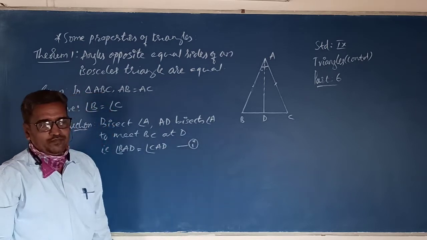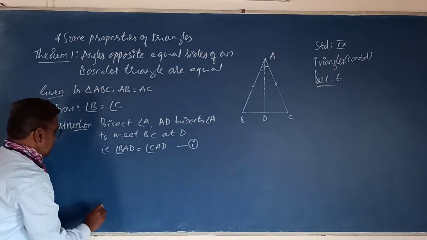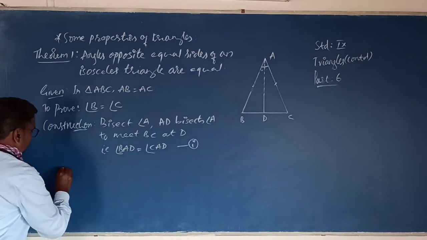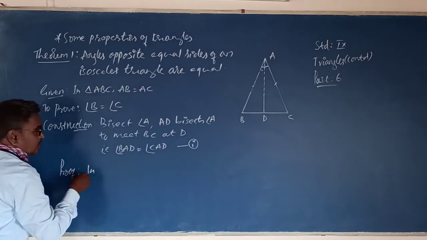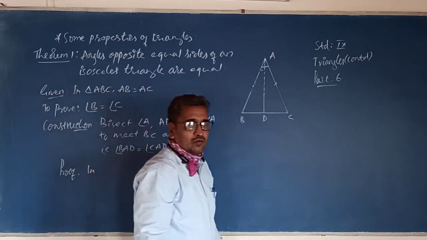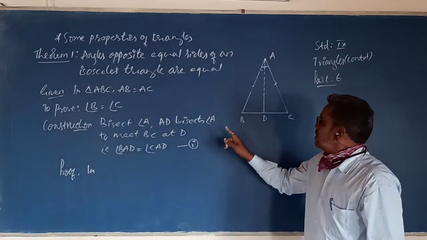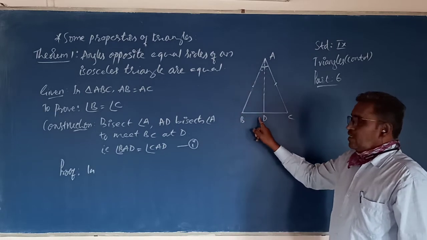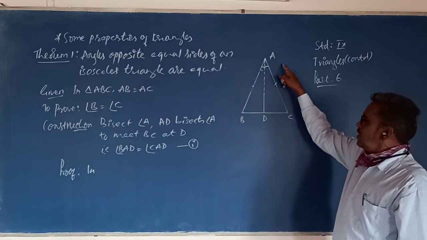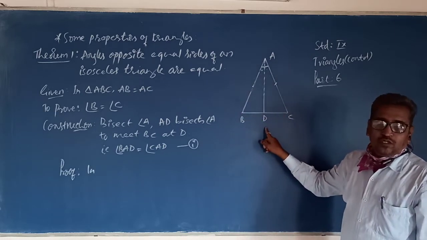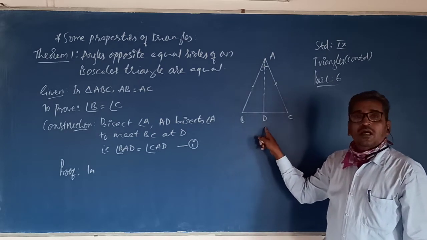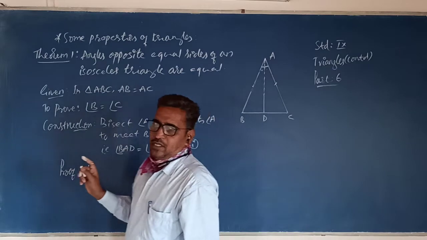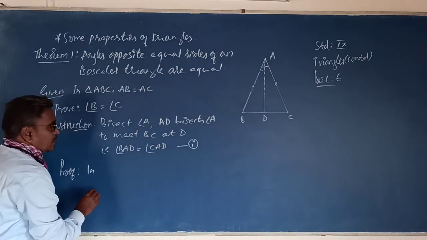Now the proof. Two triangles are there. Can you name them? One is triangle ABD, another triangle ACD. Try to show them congruent with the help of some congruence relations, that is, postulates.